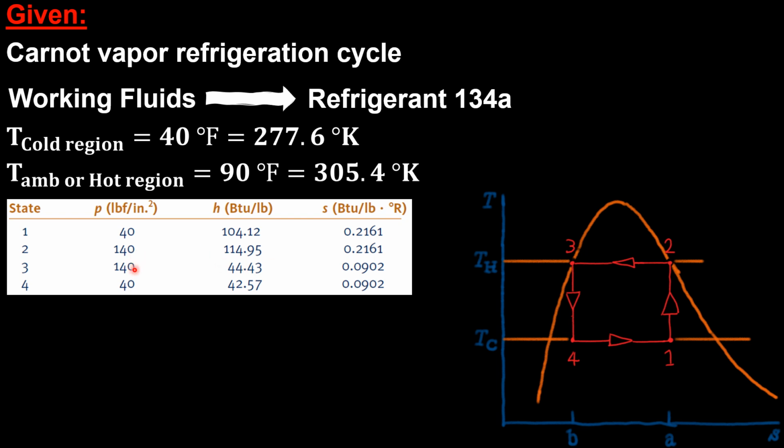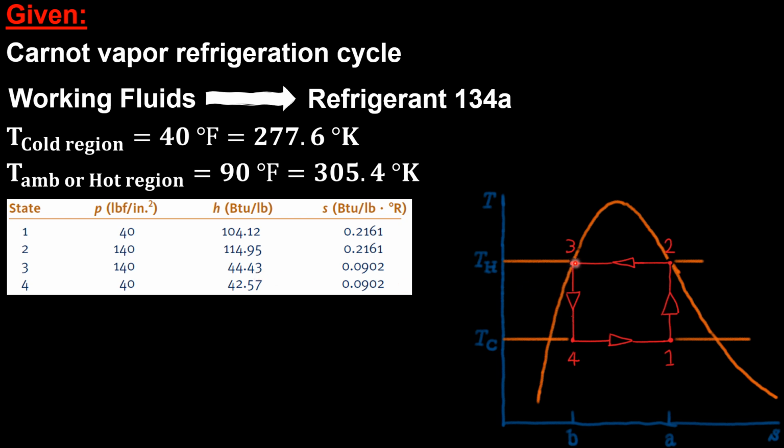You see 140, 140. And what's happening in the condenser? The condenser is changing phase from vapor to liquid, and there is heat rejection. So because of that, the energy content will decrease to 44.43.